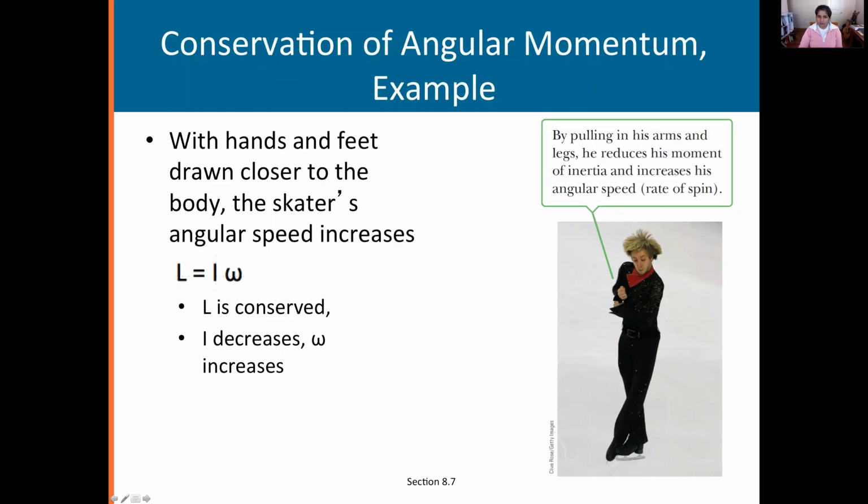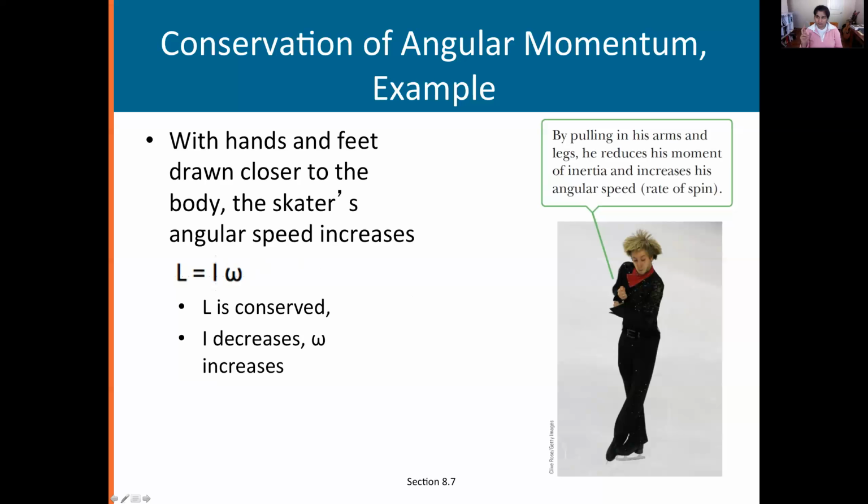So at the start, let's say he's in the spin, he has a certain moment of inertia. What has he done to his moment of inertia? He's made it as small as possible by bringing the mass in towards the axis of rotation, as much as possible. Remember that he's reducing that R. So I is small, L is fixed, then omega can be greater.